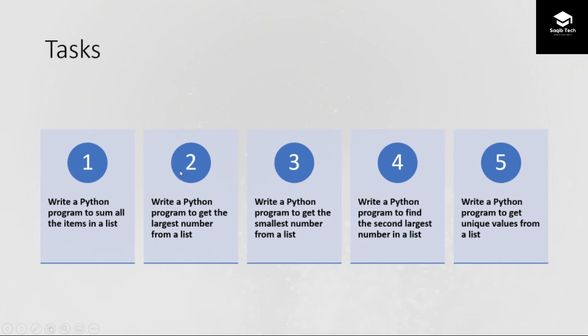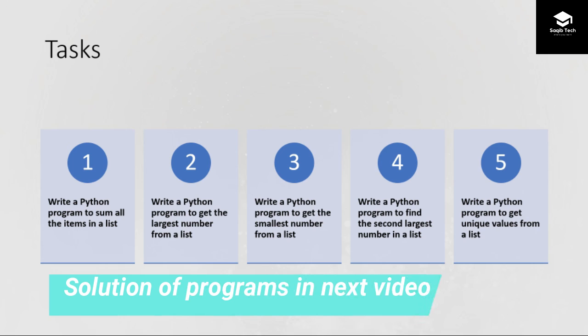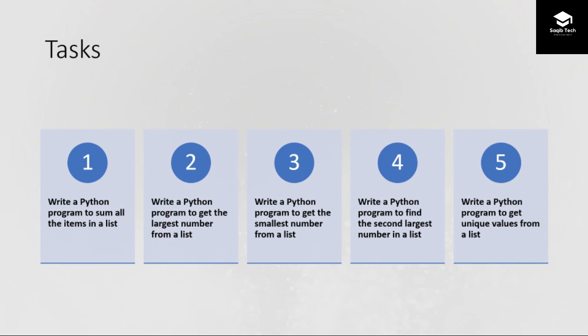I think I should solve the second one, so you will be able to find the third and fourth solutions by yourself. Then write a Python program to get unique values from a list. That's also a very unique or interesting question. So let's start with question number 2. I will solve this for you to get the largest number from a list.